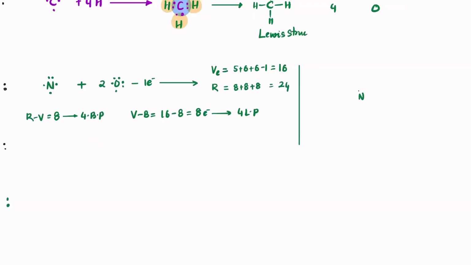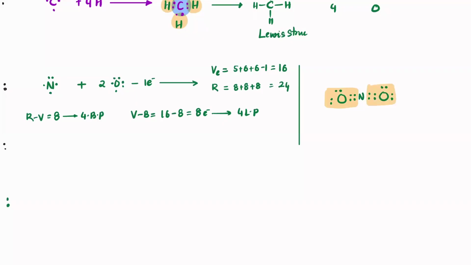So that means N, we have 2 bonds here and 2 sharings here. Then we have oxygen with 4 electrons here. Okay. So this is the one, and this is the bond we have.